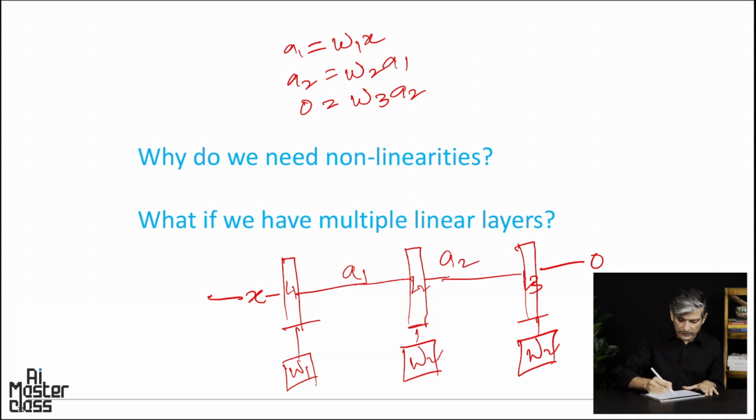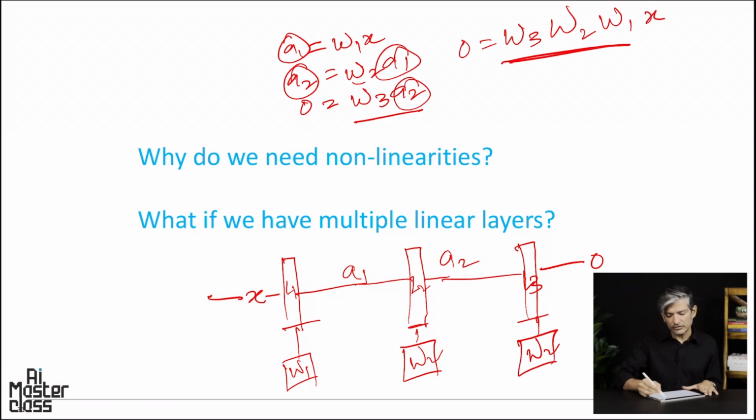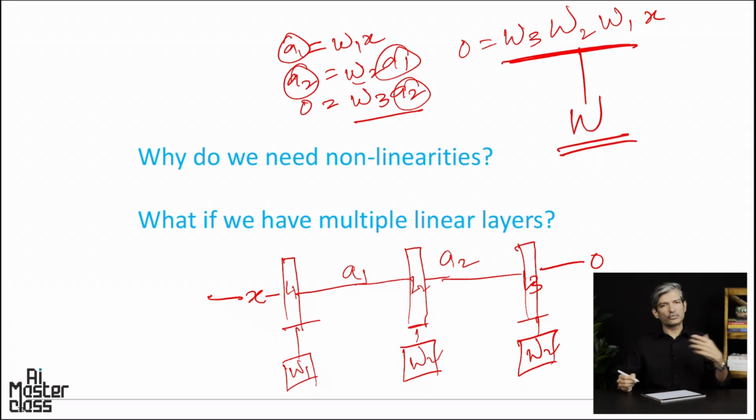Now you can also write your output as W3, and then we are replacing this A2 with W2A1, and then let's replace A1 with W2 and then W1x. And now we can argue and say, okay, why do we need these three matrices? Why not learn just one? Right? So when you have multiple linear layers one after another, it collapses to just one big linear layer, right? So you can just instead learn some other W which will do the same task.